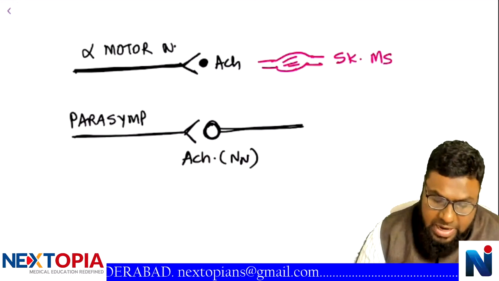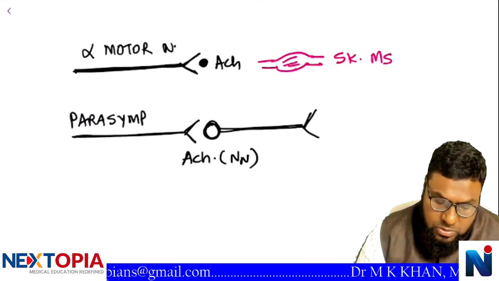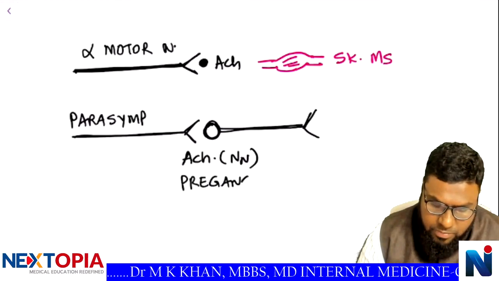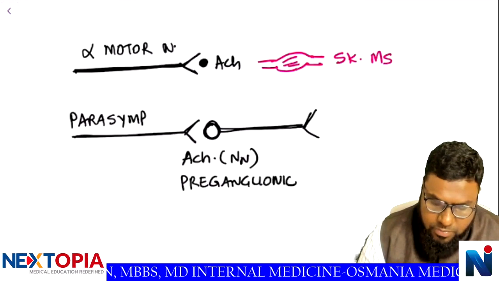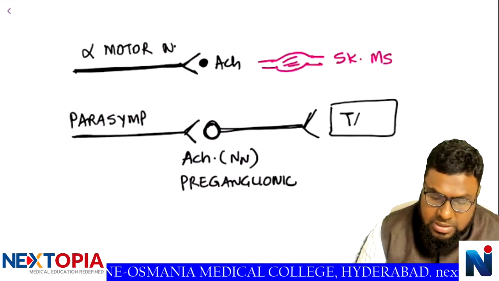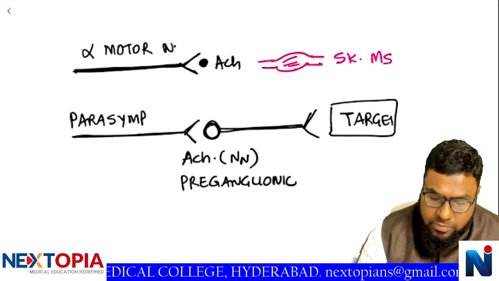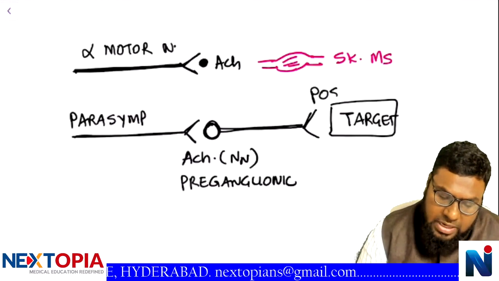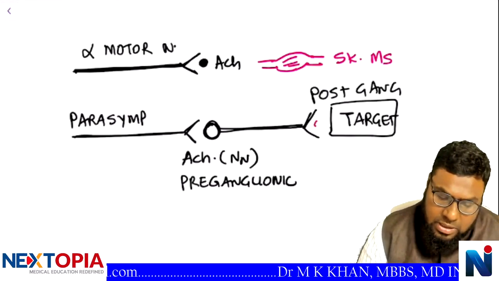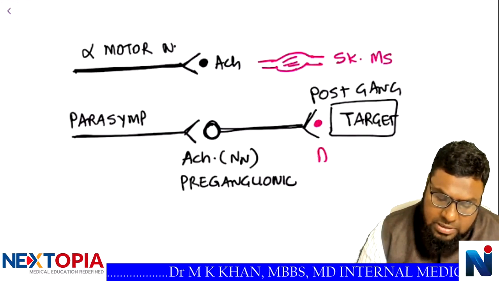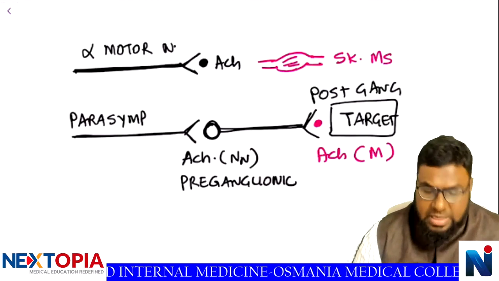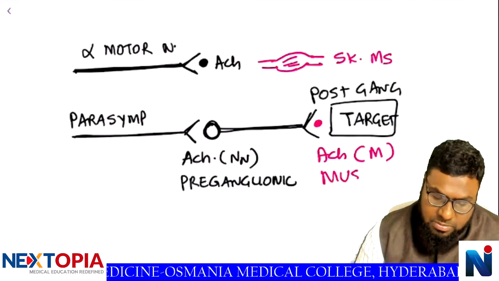So this is preganglionic, postganglionic, and this is the target organ. If it is postganglionic, it is again via acetylcholine, but acting on the muscarinic type of receptors.